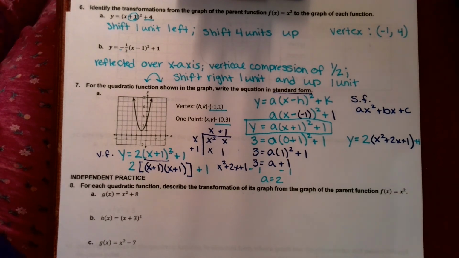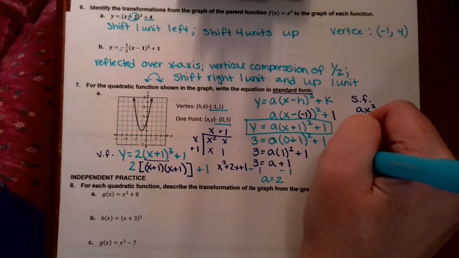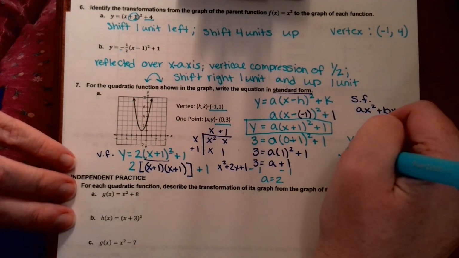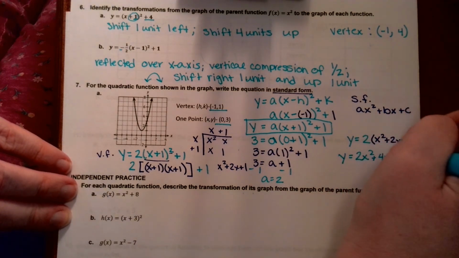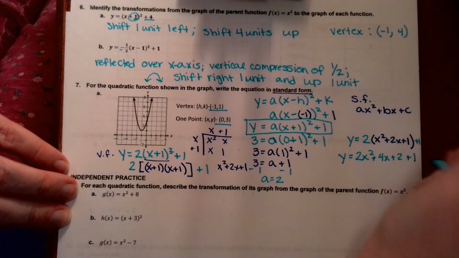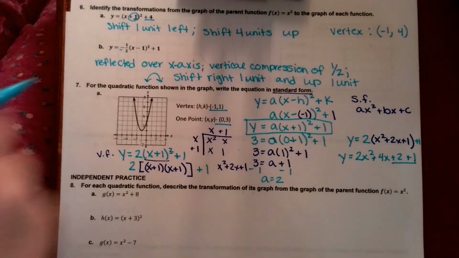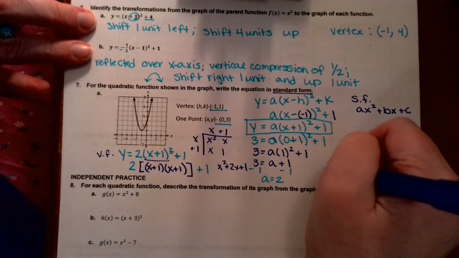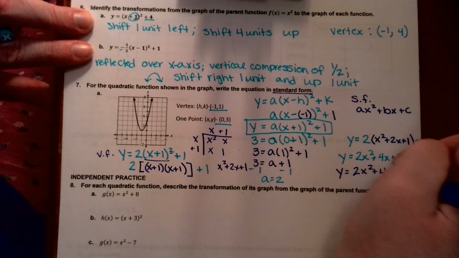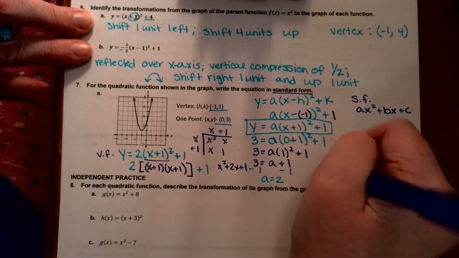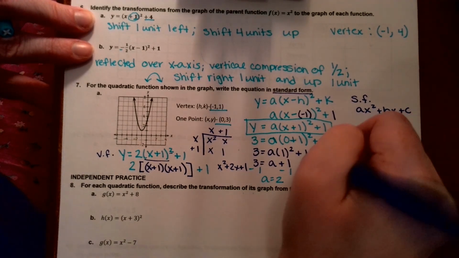All right. I would distribute my 2 next. So we have y equals 2x squared plus 4x plus 2. And then we have that plus 1 at the end. Combine that 2 and that 1, and our equation in standard form for the final answer is y equals 2x squared plus 4x plus 3.